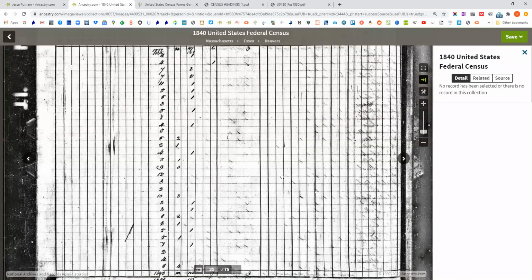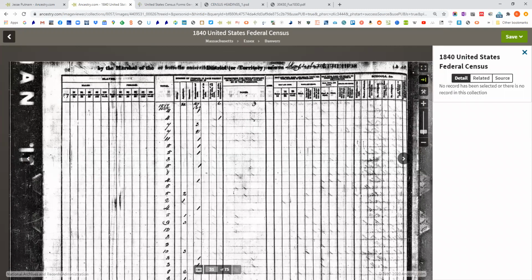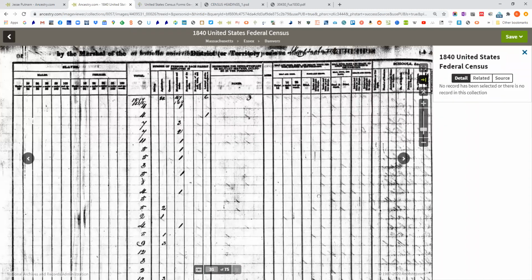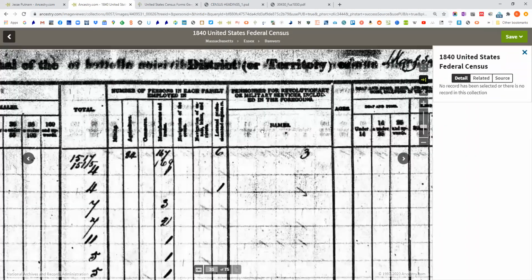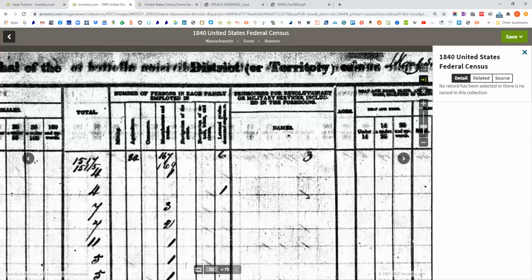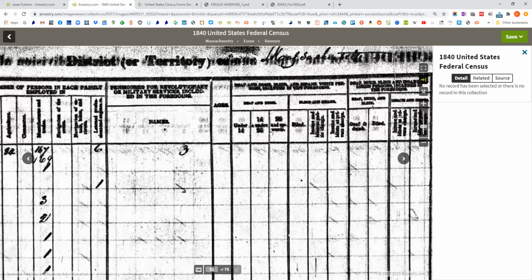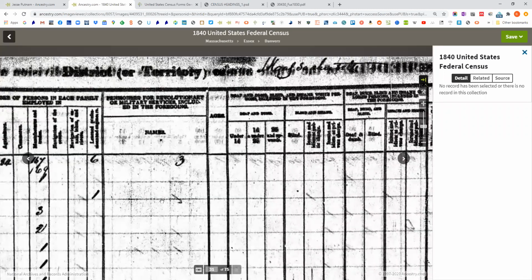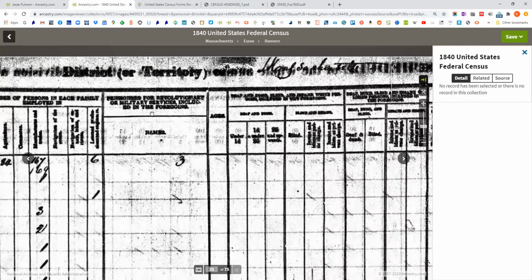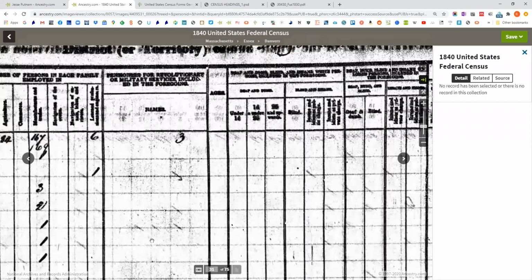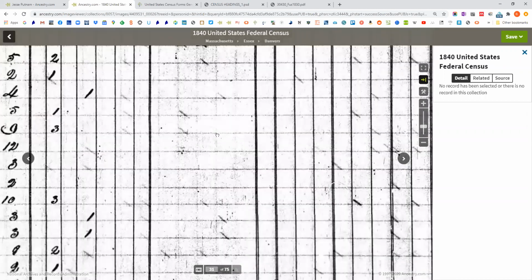Second page has people who were enslaved, people employed in the different types of agricultural manufacture. Again, you get the deaf, dumb, and blind questions. And this is the column you'll want to pay attention to as well. This is asking for veterans in this column. And there aren't any on this page, so let's.